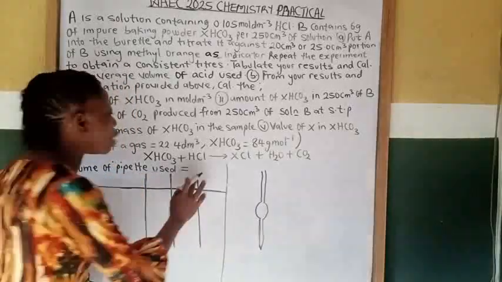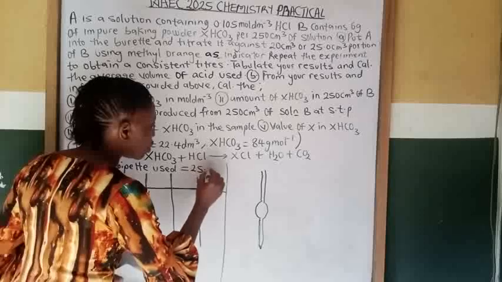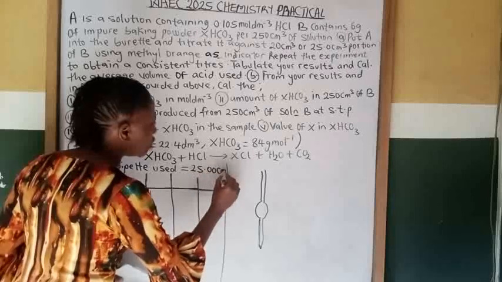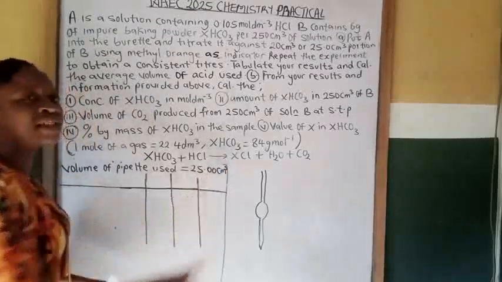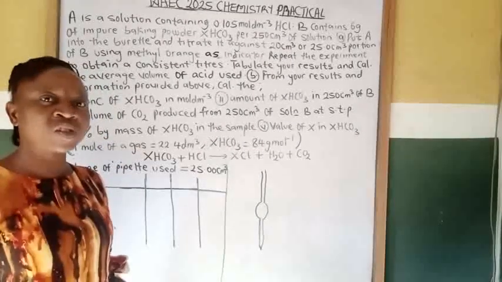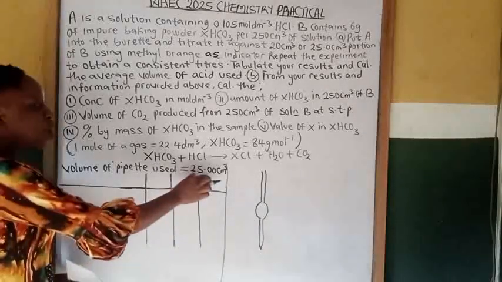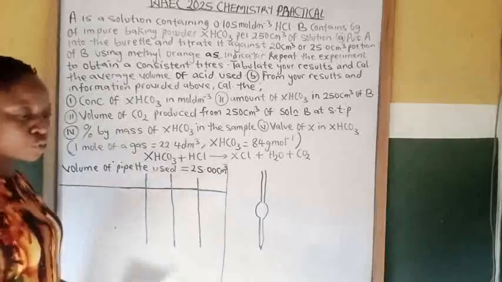So the volume of my pipette is 25.00. Your volume must be in 2 decimal places. Make sure that your volume is written in 2 decimal places. That is the first step to take.